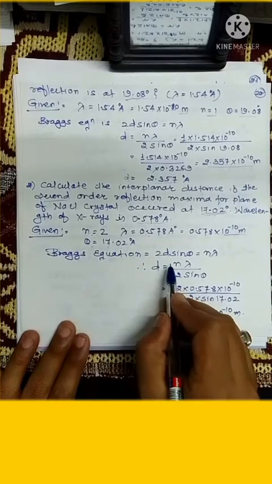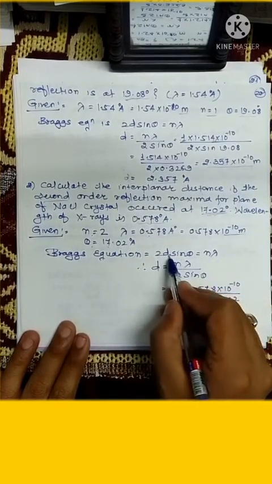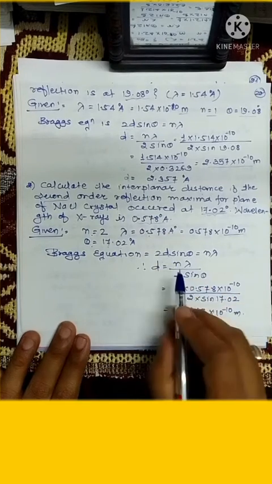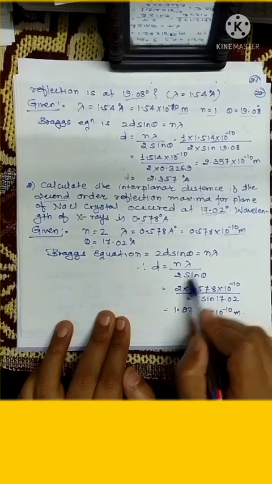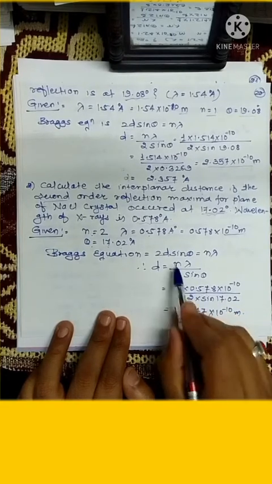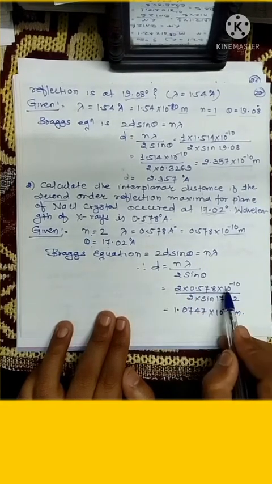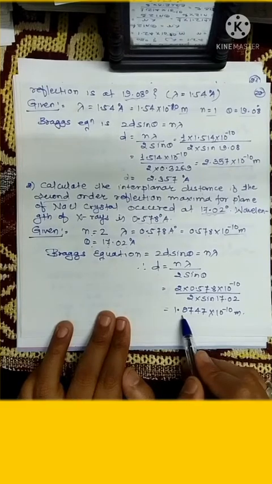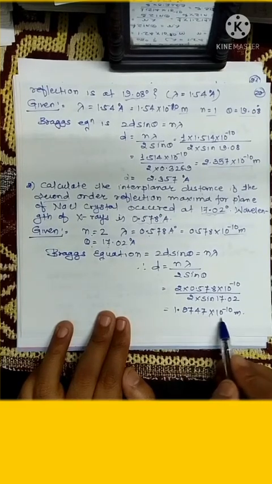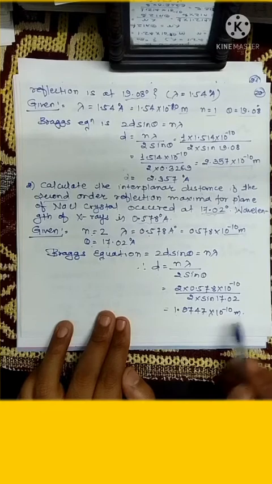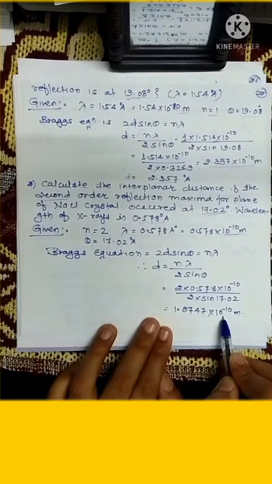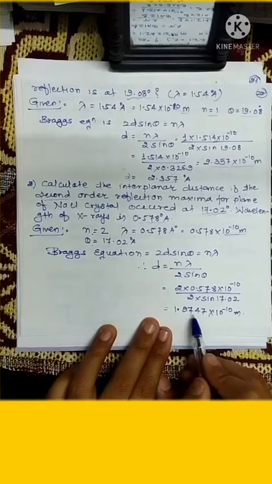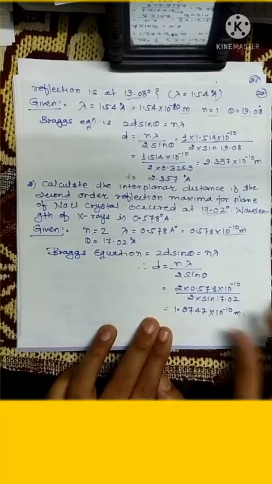Just put all the values in Bragg equation. Rearrange Bragg equation first for d. So d is equal to n lambda divided by 2 sin theta. Put all the values, and after solving this, we come up with 1.9747 times 10 raised to the power minus 10 meter. If we convert it into Angstrom, it is simply 1.9747 Angstrom.